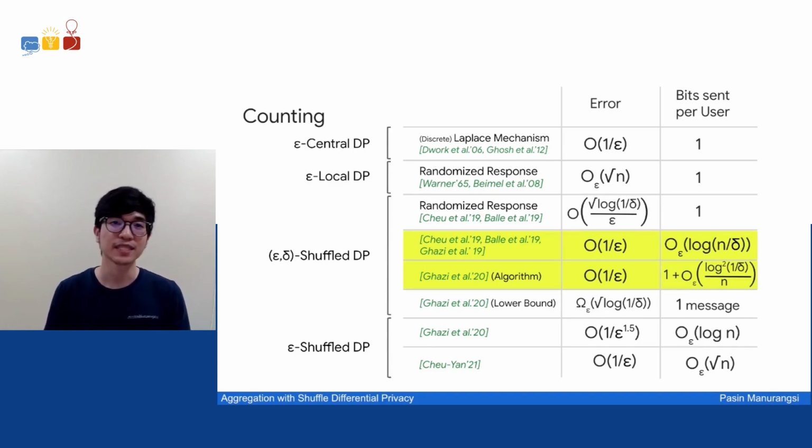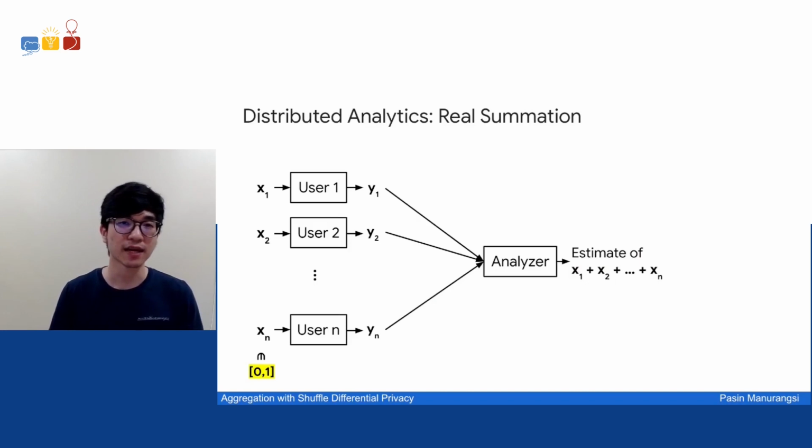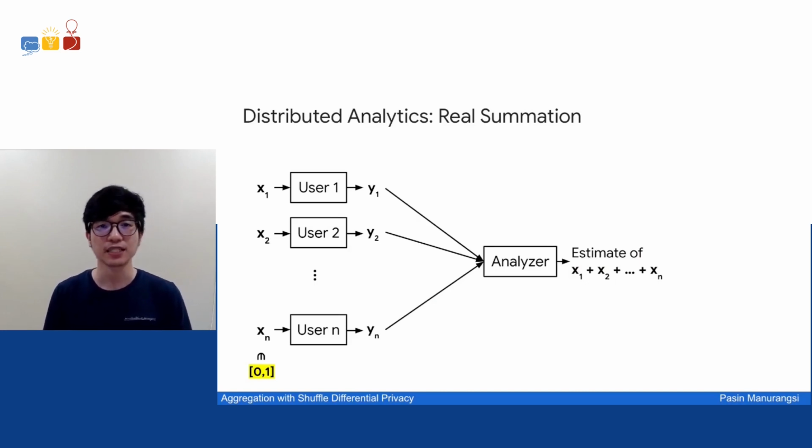Okay, so far we have discussed the counting problem, where each user has an input xi that is either 0 or 1. It turns out that many of the techniques from the counting problem also apply to a slightly more general problem, which we will call here real summation. Here, instead of having a binary input, each user has a real-valued number between 0 and 1, and the goal again is to estimate the sum of xi.